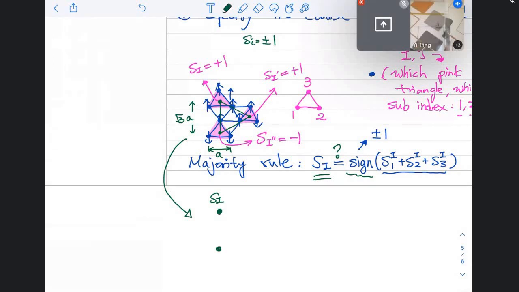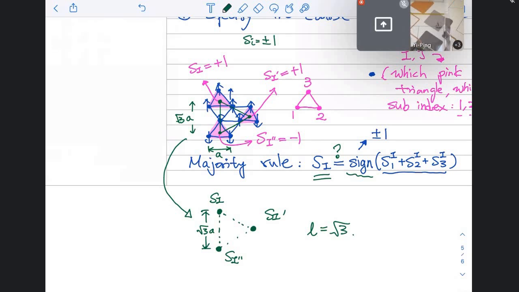One is S_I, the other is S_I double prime, and they basically live on a new triangular lattice with lattice constant square root of 3 a. At this point, we have the information that L is basically square root of 3, because it is the scaling variable that we have previously defined.